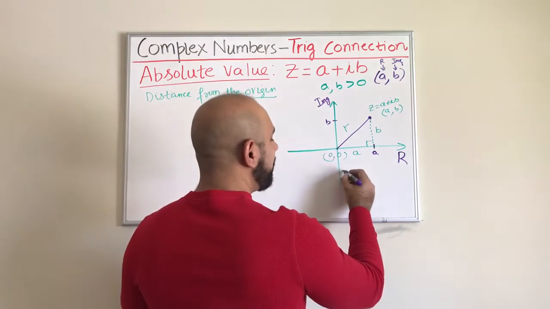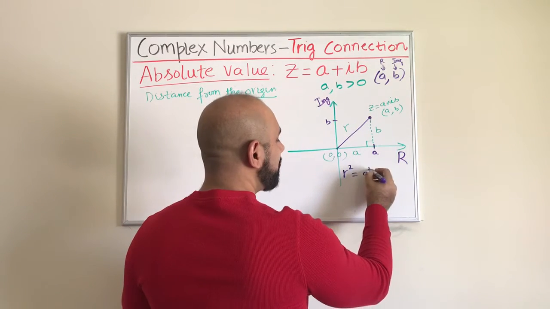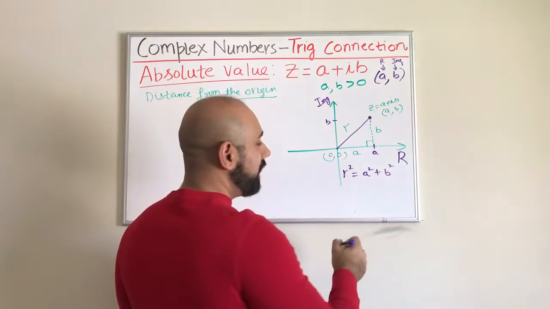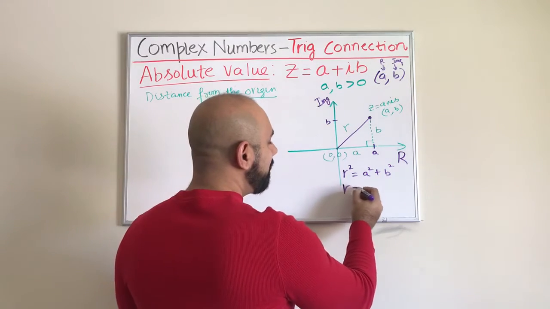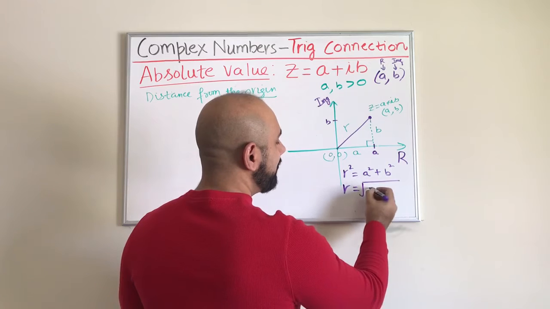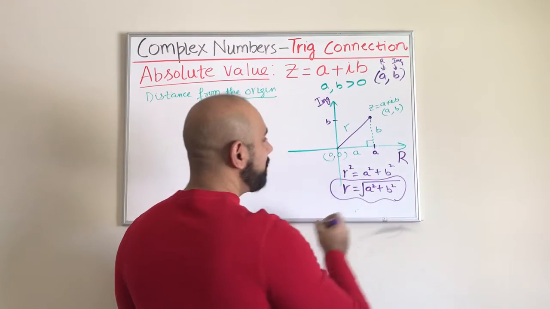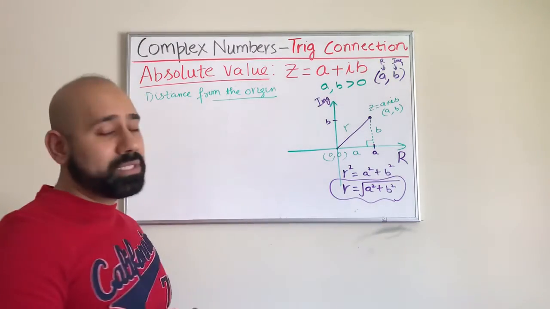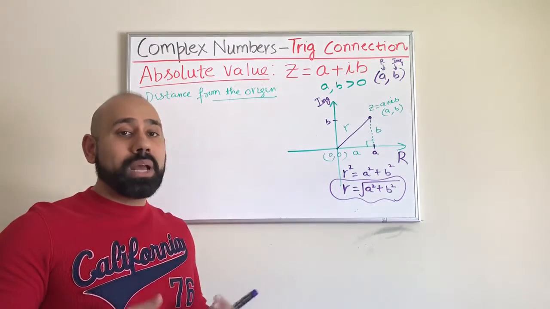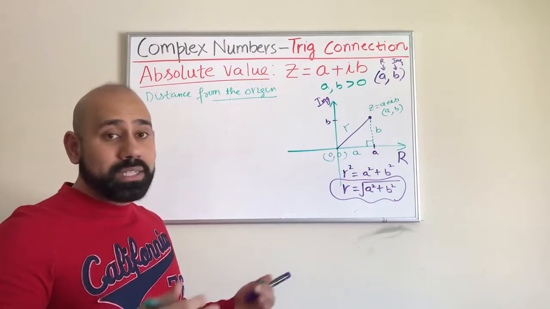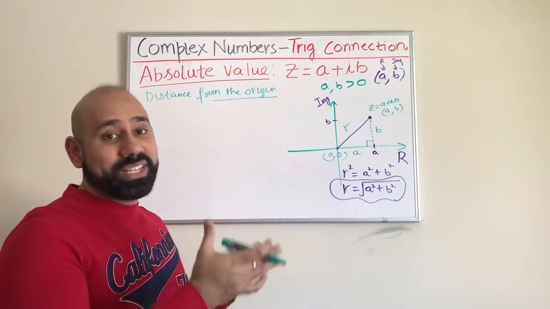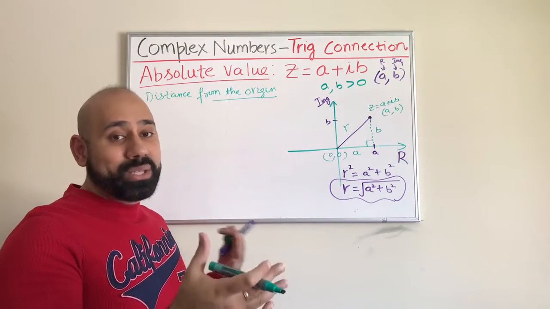Using the Pythagorean theorem, r squared is what? a squared plus b squared, the sum of the squares of the other two sides. To find r by itself, we simply take the square root on both sides. And r is the absolute value of the complex number z equals a plus ib, because absolute value is the distance from the origin, and r represents the length of that line segment, that hypotenuse.